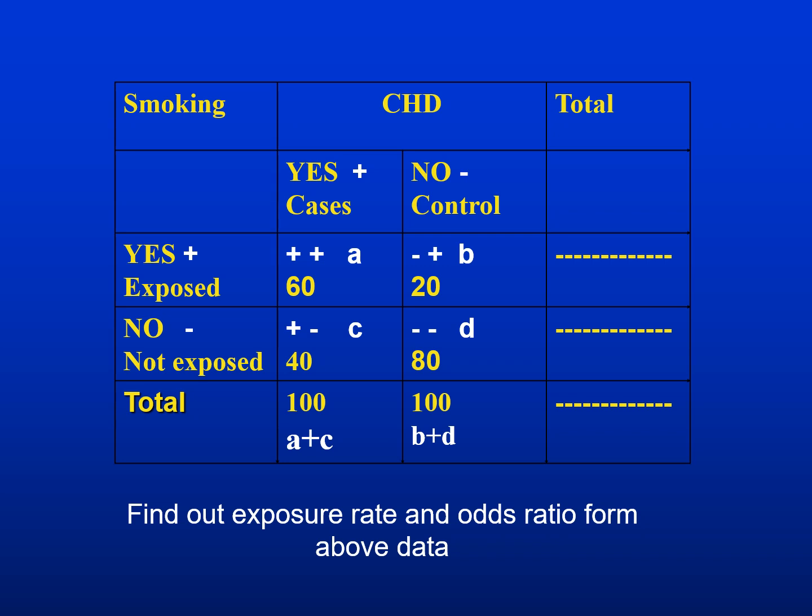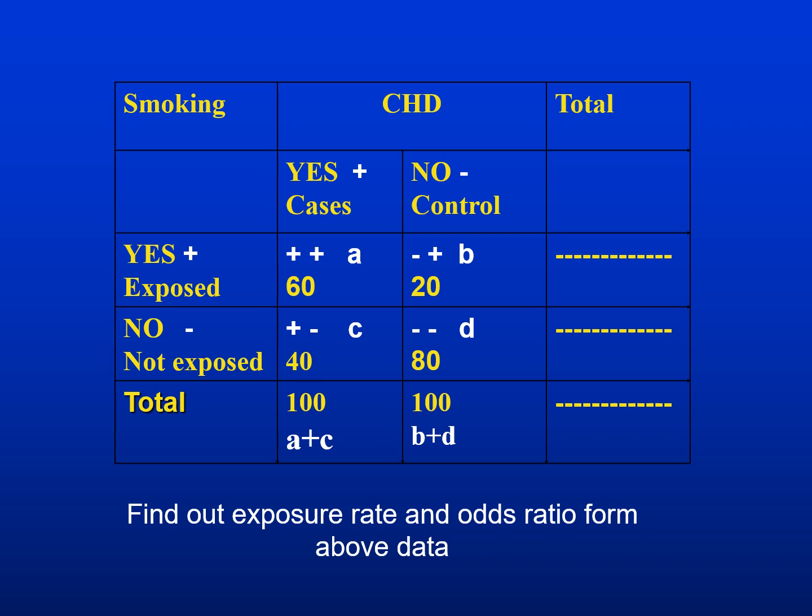And the exposure rate among controls is 20 divided by 100 times 100. This is 20%. If I want to measure the odds ratio, I'm going to multiply 60 times 80 and divide it by 40 times 20. This will give me an odds ratio of 6. What does this mean?